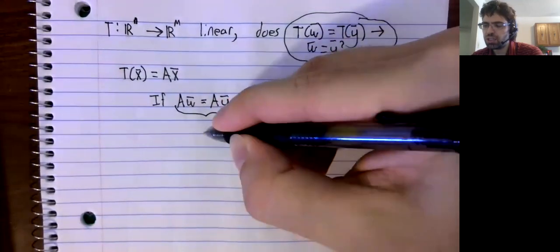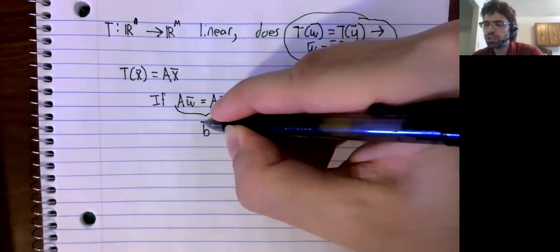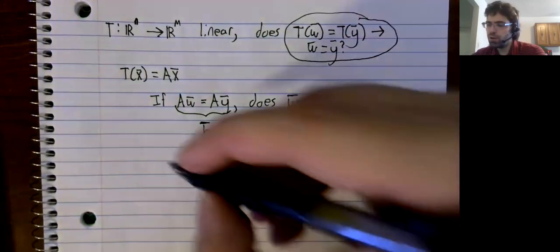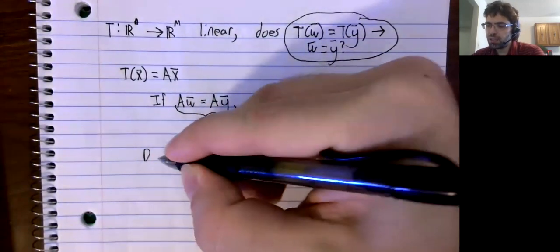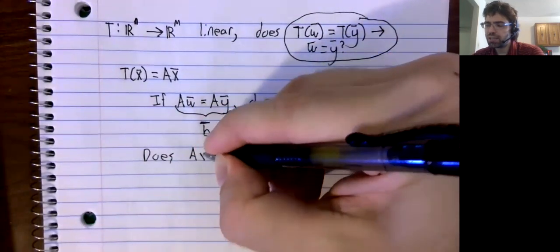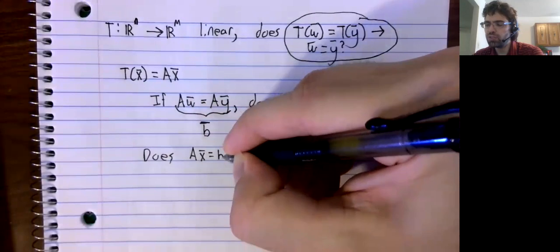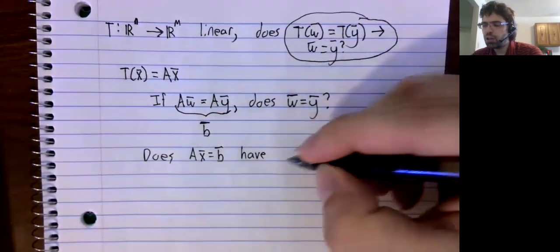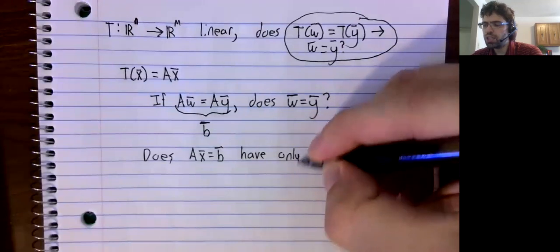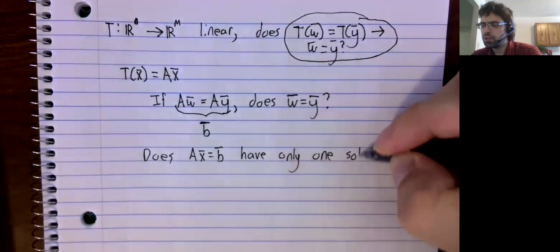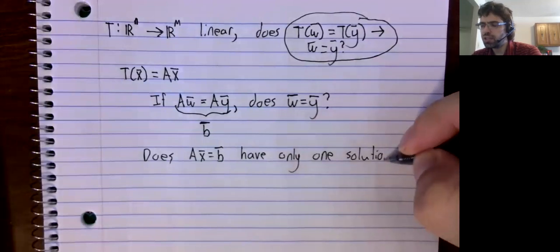If these things are both equal to the same vector, call it B, we're asking, does AX equals B have only one solution?